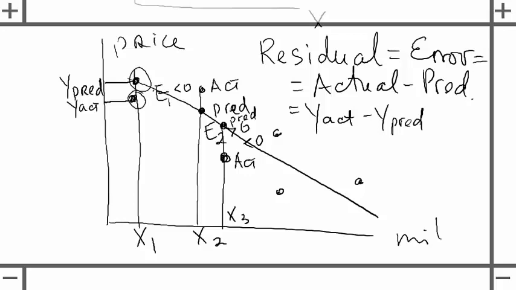It will cut through the center of the cloud, which means some points will be above the line, the model, some points below. Therefore, your errors will be sometimes positive and sometimes negative. Errors are called residuals. So roughly speaking, my model should have the same number of positive residuals as negative residuals. Half and half.